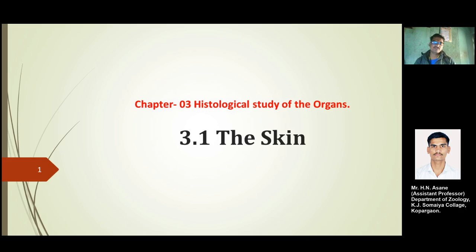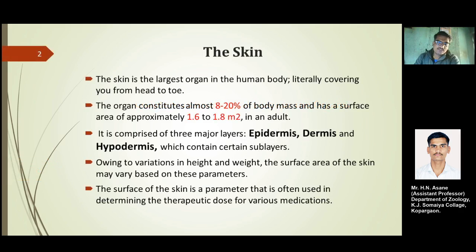The first session of chapter three, part one, will be the skin. You know that the skin is the largest organ in the human body, literally covering you from head to toe.